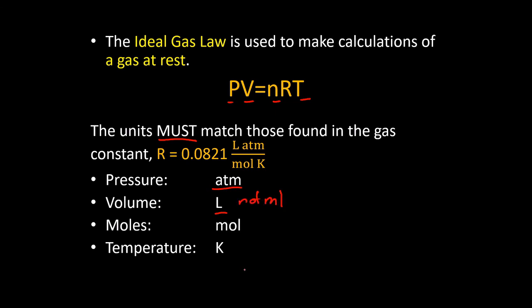It's a common mistake because we're used to just using one or the other. Most of the time we don't care which one we use. We do care now. Same thing with the temperature down here. Sometimes we used to use degrees C. Not now. We do not use degrees C. We must be in Kelvin.